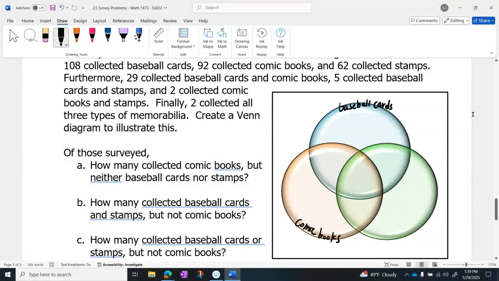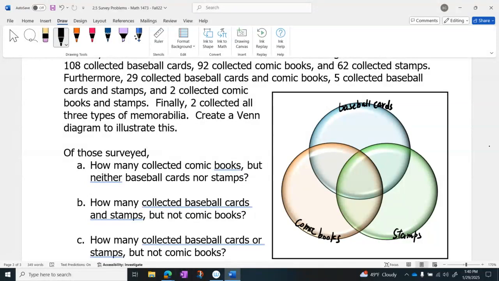Some books from a long time ago are probably worth a lot of money, if you have the original version. And the bottom right circle represents the set of collectors who collected stamps. Stamps are also very cool.